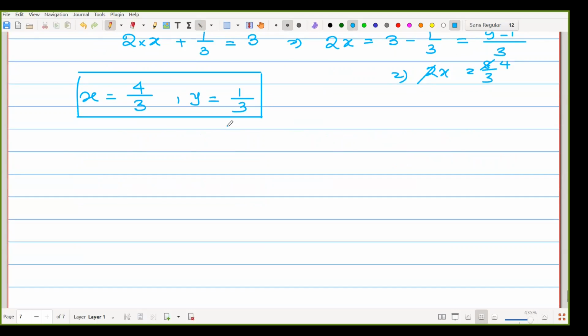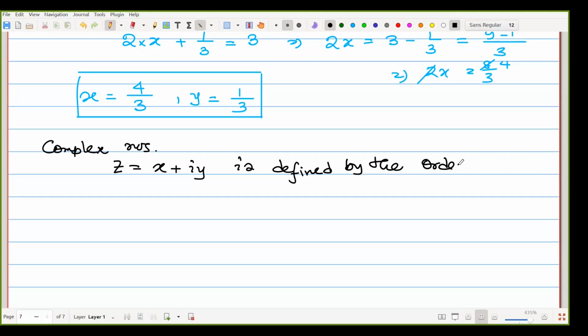Okay, just for the final thing, the complex number here, suppose z is equal to x plus iy, is defined by the ordered pair, that means (x, y) of the real numbers x and y.